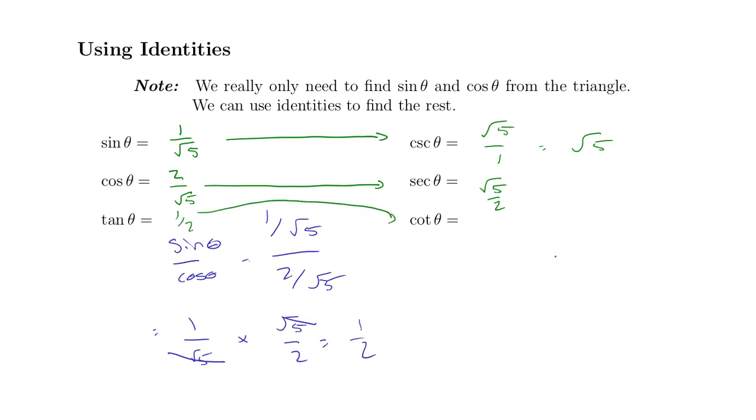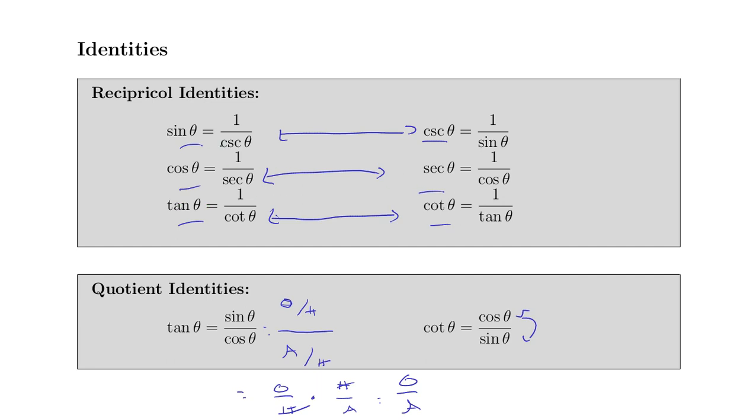And then if we want to get cotangent theta, that's clearly just going to be 2. So not too hard. Once you have sine and cosine, you can use the reciprocal identities to grab cosecant theta and secant theta. And then you could use this one to get tangent theta.